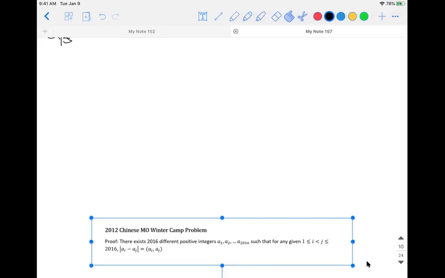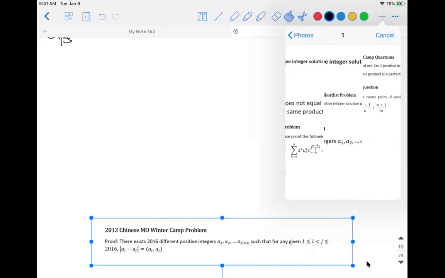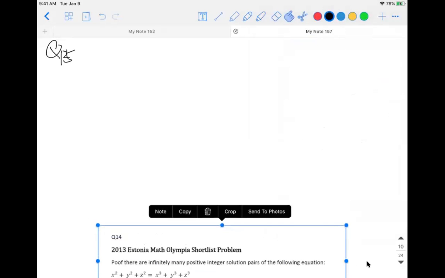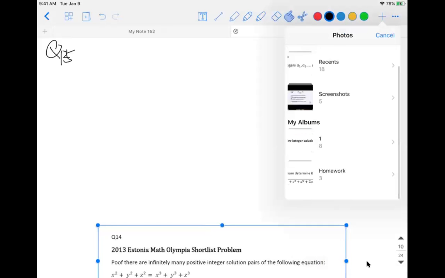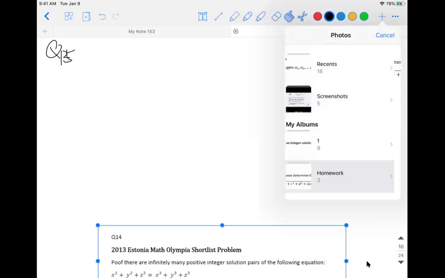Yes, it's the Hungary problem. This is the positive integer shortlist. I hate this.